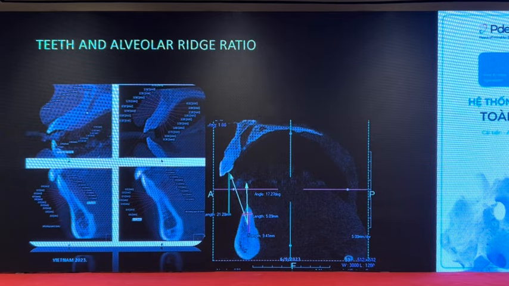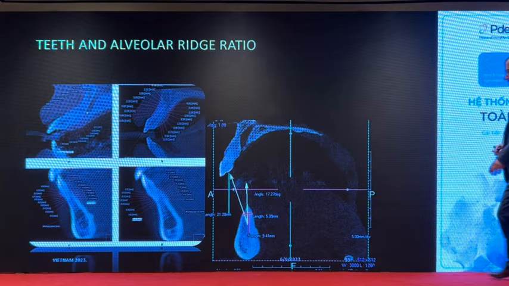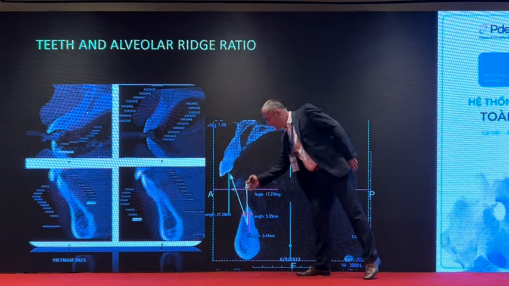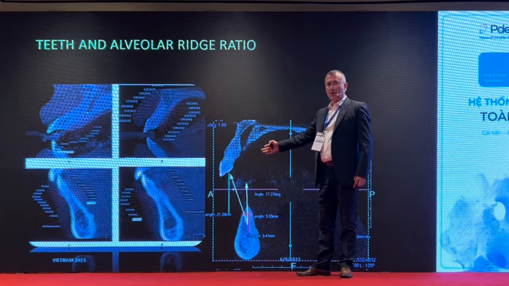But what can we do when we have no bone or we have this kind of resorption? If you put implants in a surgical way, in this position where the bone is, there will be no occlusion.